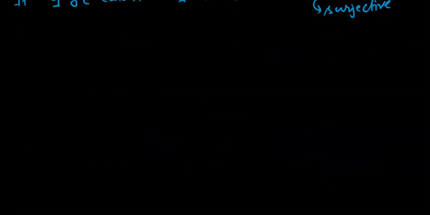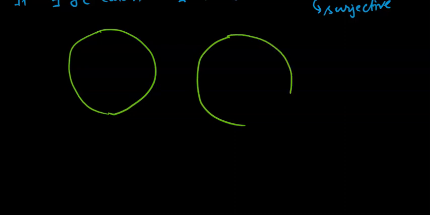So how does a bijective function look pictorially? First it has to be injective, then it has to be surjective. Suppose these are two sets A and B, and f is a function from A to B, and there are some elements.